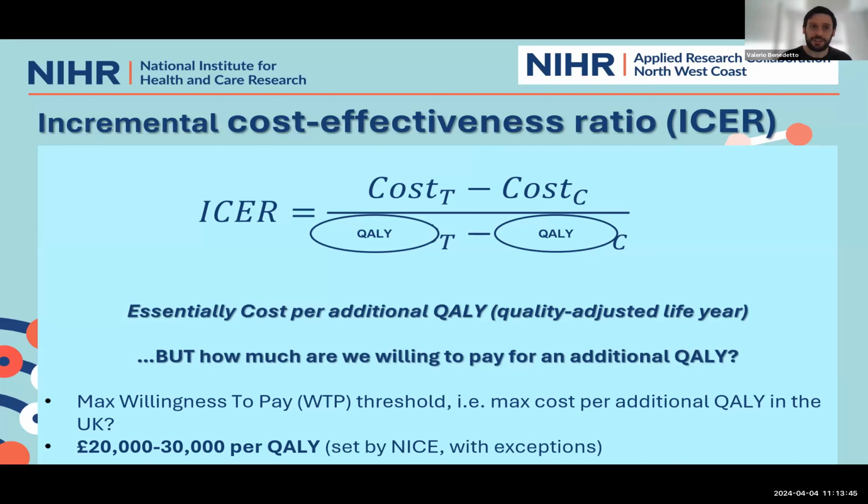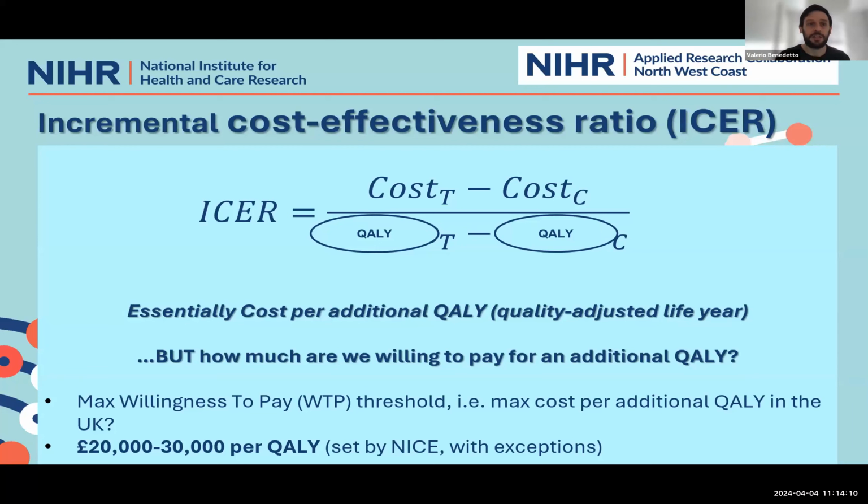What does it mean? Any intervention which is below 20,000 pounds per QALY is usually deemed cost effective. For any intervention between 20 and 30,000 pounds per additional QALY, there is some consideration of cost effectiveness, but other elements also come into play.